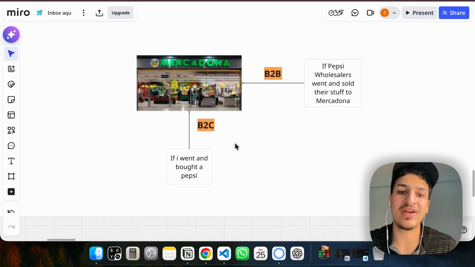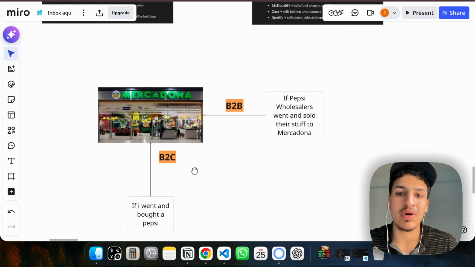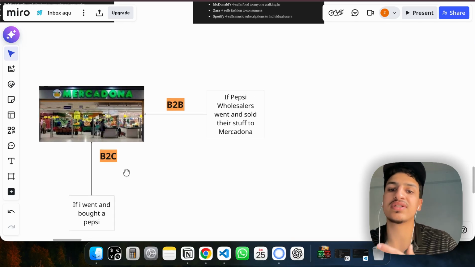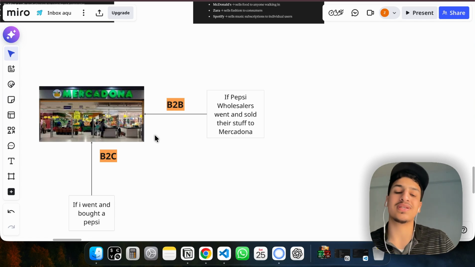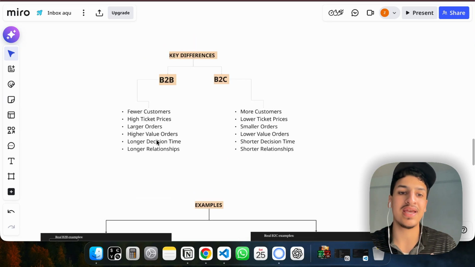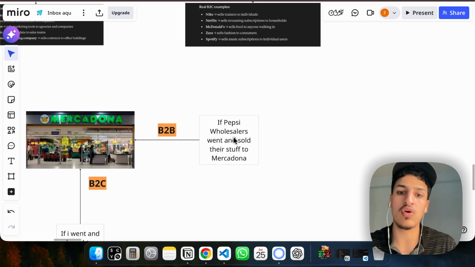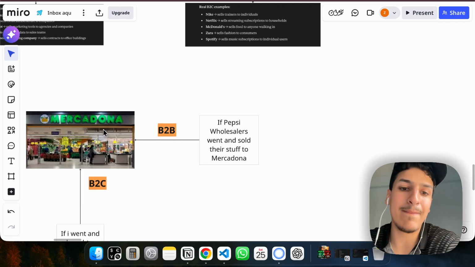If I went and bought a Pepsi from Mercadona, it's considered B2C. But if Pepsi wholesalers went and sold their stuff to Mercadona, this is considered B2B, because B2B has larger order values and higher value orders. So as you see, if wholesalers sold their stuff to Mercadona, it's considered B2B.